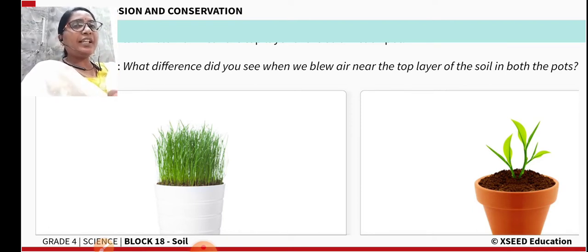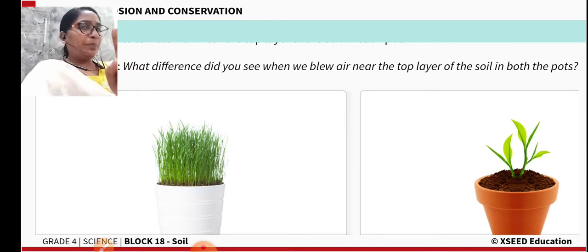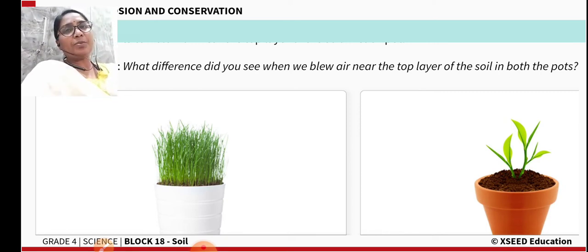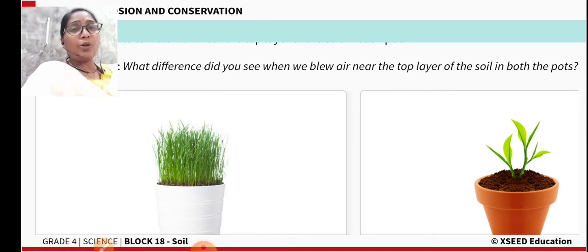What's the reason? Can you guess? Because pot A has more plants, so their roots are holding the topsoil. Their roots are not allowing the topsoil to fly away. Whereas in pot B, only a single plant is there, so it couldn't hold the topsoil. Alone it can't hold.